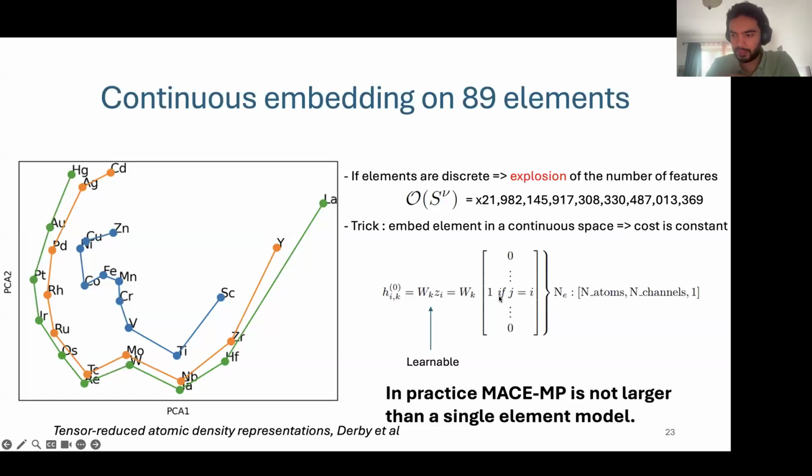And so one key thing that all of the potentials do today is to embed the species in a continuous space. And then you get a model that is constant in cost. And one remarkable thing I think of these models is that the final model that you need to use to fit 89 elements is actually not larger than one that you need for fitting one element. So really, there is a very, very compressed subspace as a function of element. And if you look at the embedding that these models learned, it's actually quite similar to the periodic table.